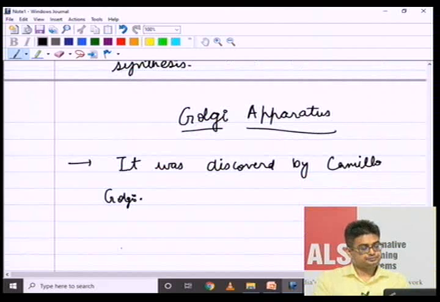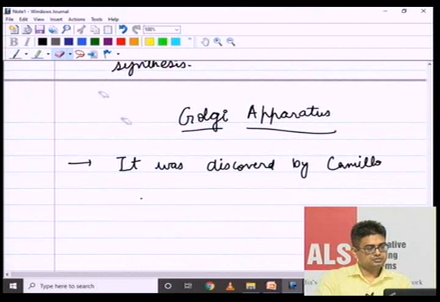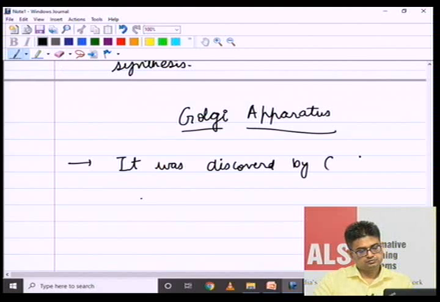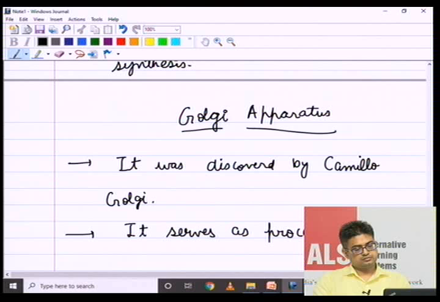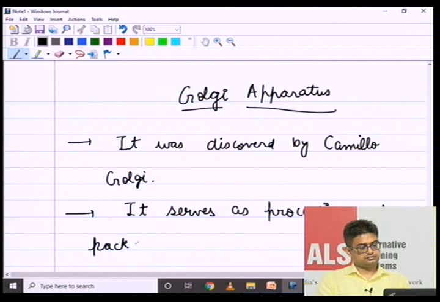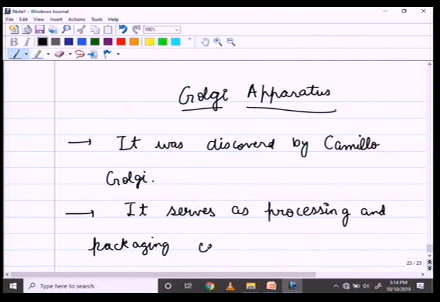It serves as the processing and packaging center of the cell.